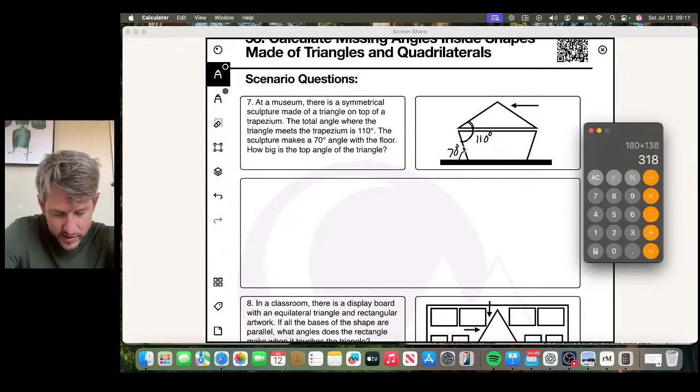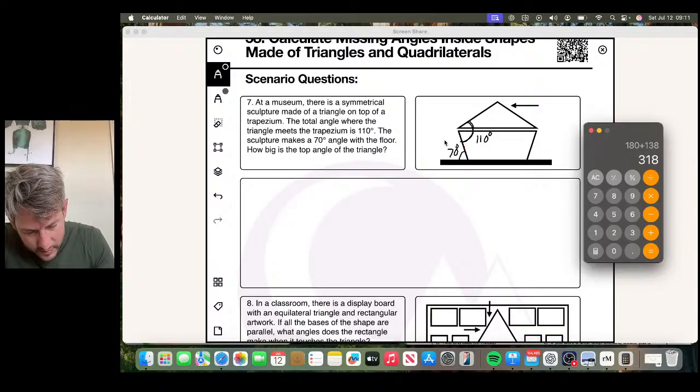Okay, right. So if this is 70 degrees, this will be 110 degrees. Okay, it's symmetrical, so that means that this is also 110 degrees. Okay, right, so let's look at this quadrilateral bit here.